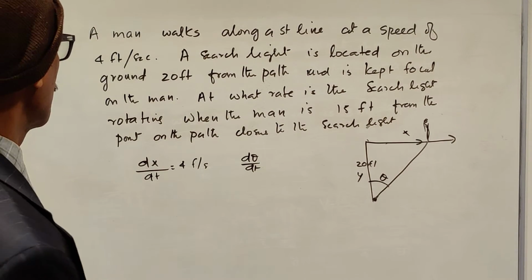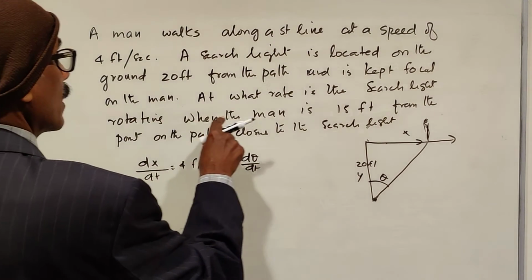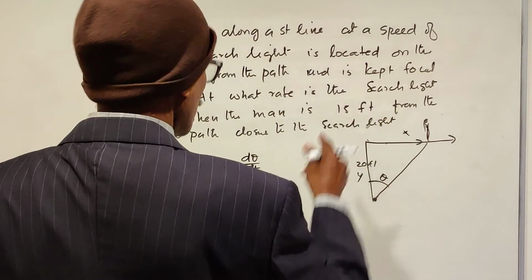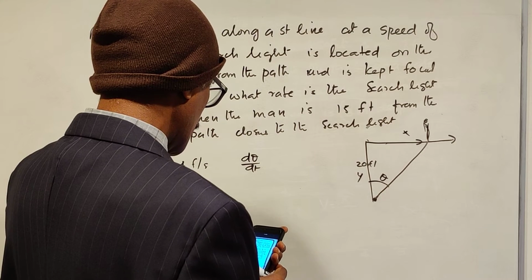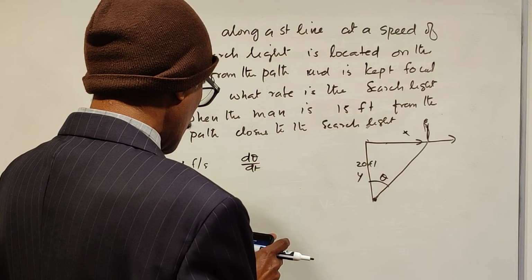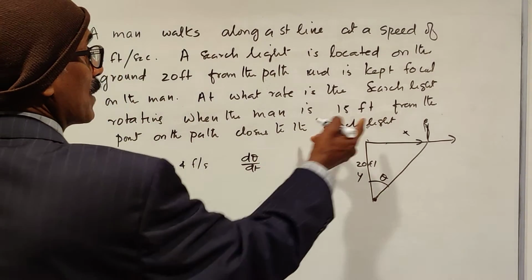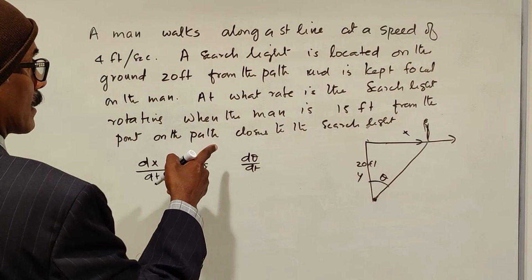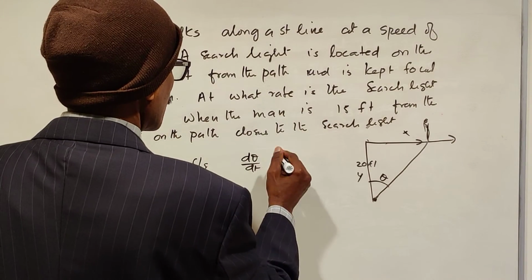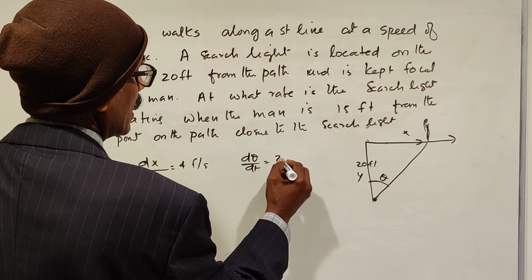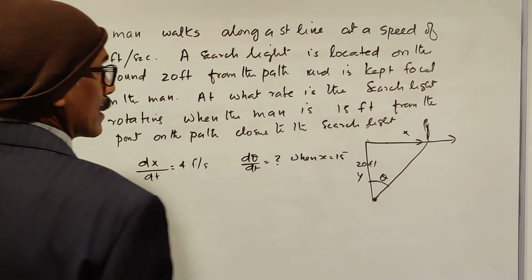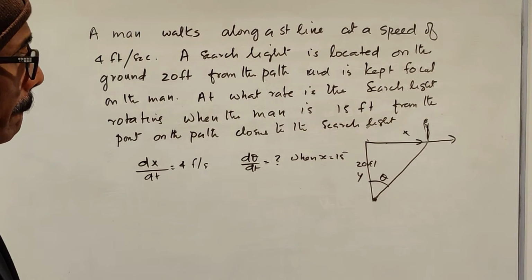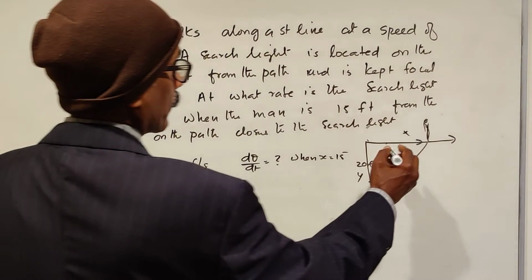We are going to find out d theta by dt when the man is 15 feet from the point on the path. So find d theta by dt when x is equal to 15. That's the question.